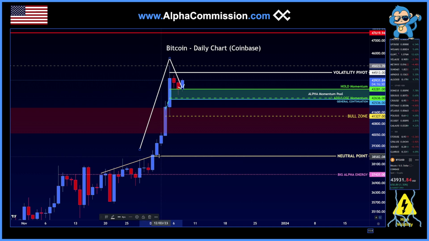Underneath that, if we were to retrace it, that would be bears being in charge. You could see that would be quite a bearish fib for you Fibonacci traders to get all the way back down here. It would be like a 786 or an 886 or something like that, where you would end up retracing this whole move.